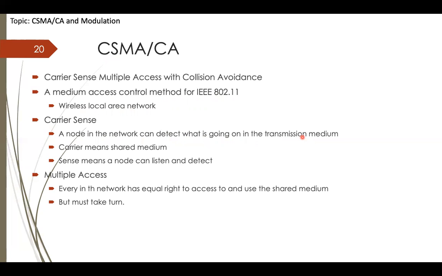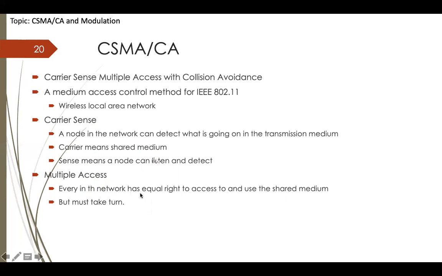Similarly, a node has senses, and these senses are developed through carrier sense. So the carrier will be sensed before you send any information over the channel, so the channel will be sensed first. Carrier means shared medium, and sense means a node can listen and detect.